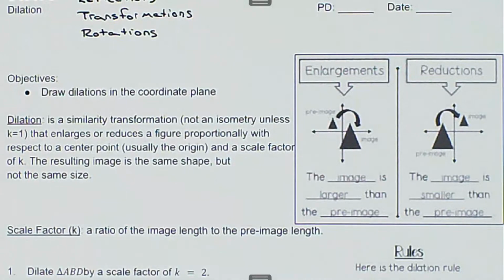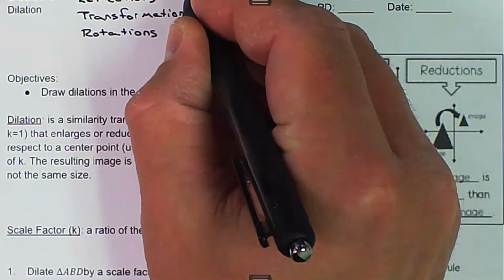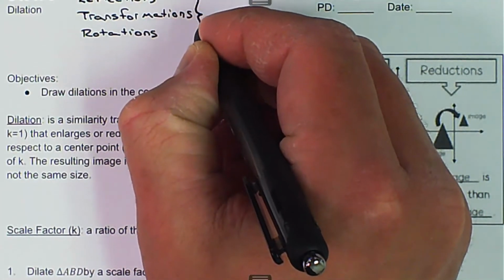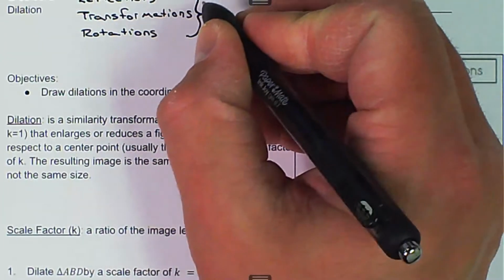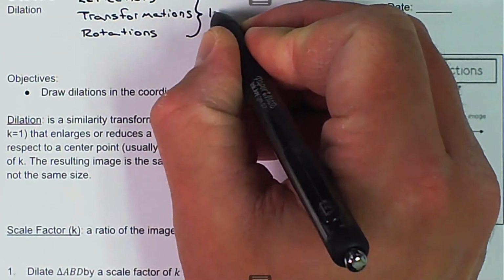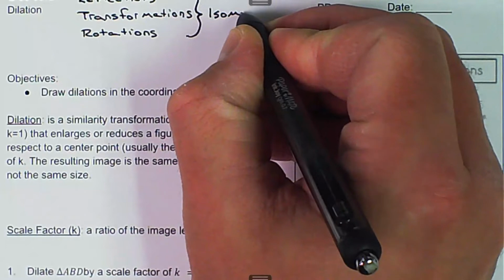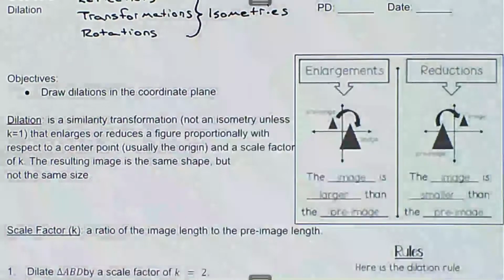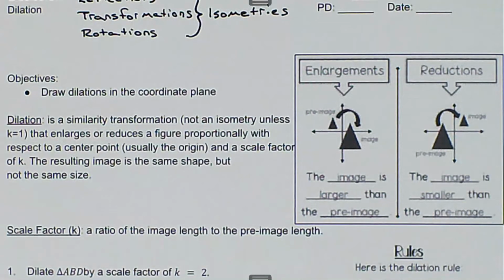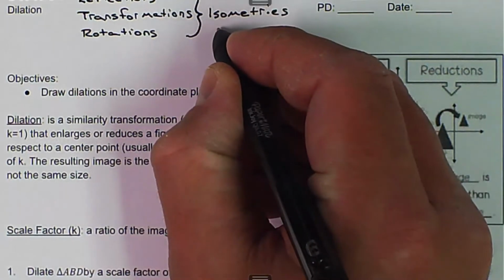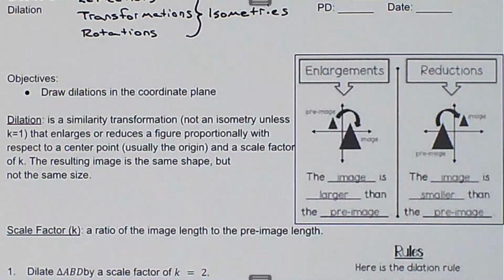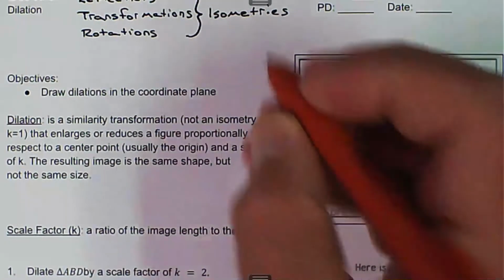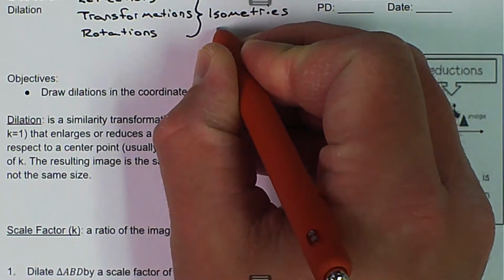Now, all three of these are what is called an isometry. So these are all isometries. And what isometries mean is they have the same size and the same shape.